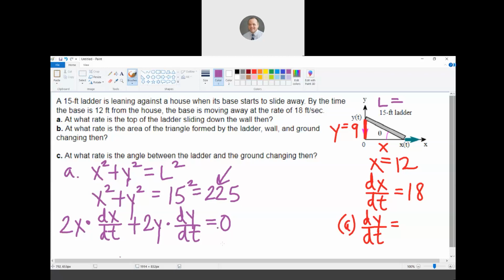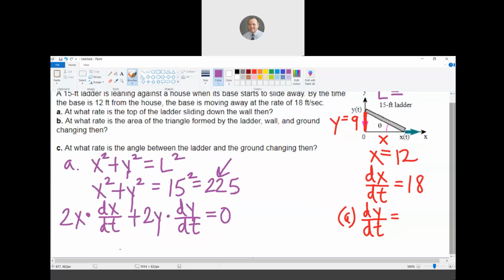Now we are ready to plug in all of our given information. x was 12. dx dt is 18. y we found earlier was 9.